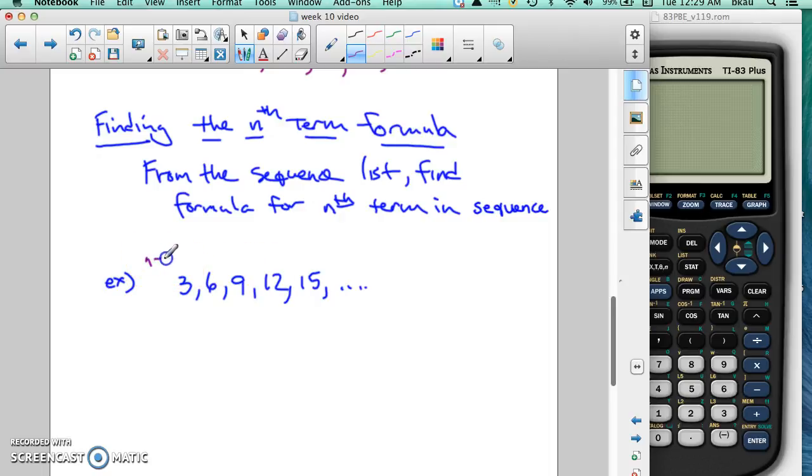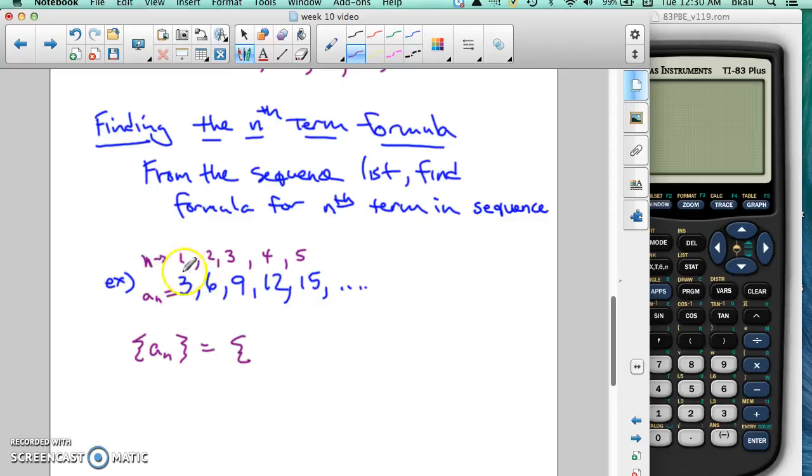So our n values here are going to be 1, 2, 3, 4, and 5 for the term values. These are the a sub n's. What we want to do is figure out how these are related. So my answer is going to be a sub n equals, and we've got to come up with a rule here.